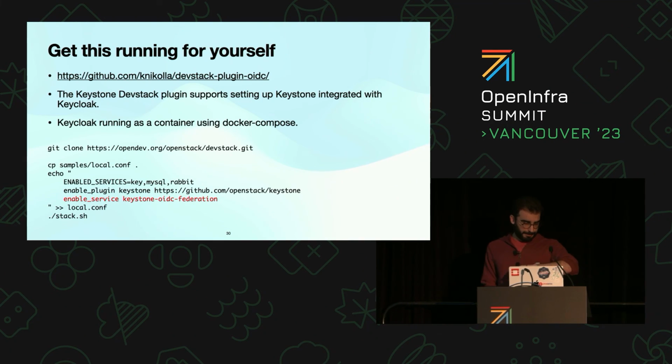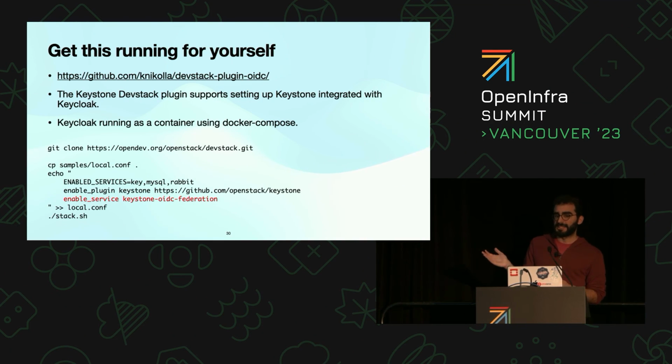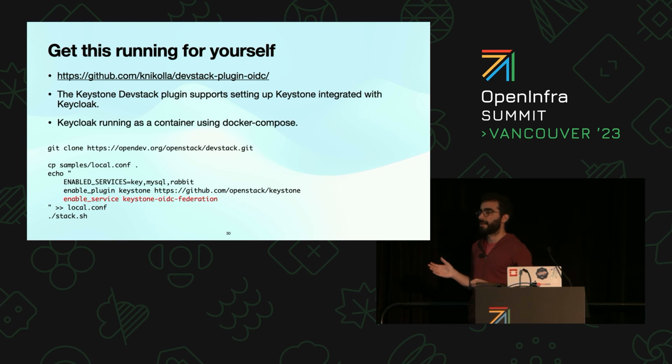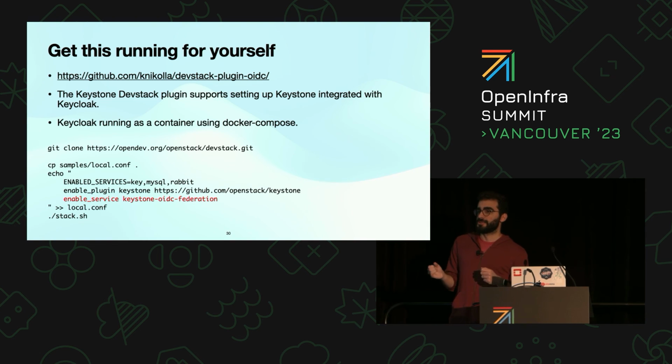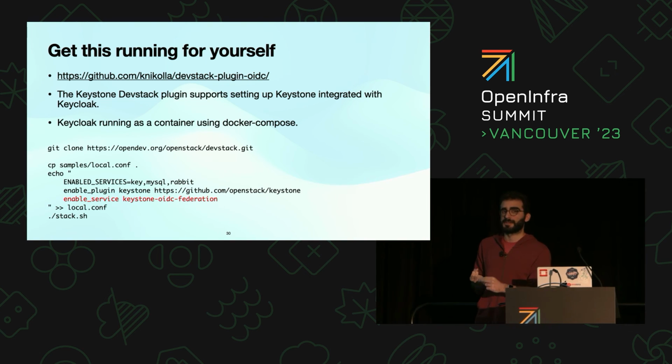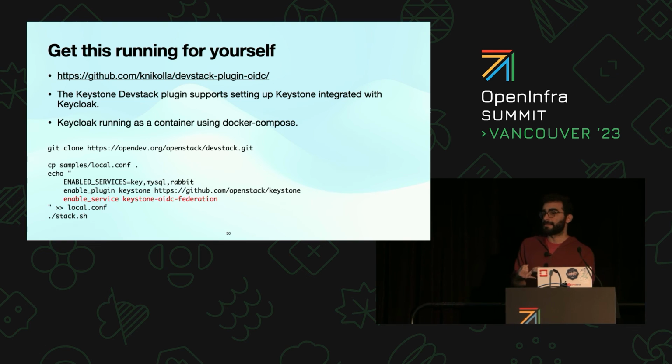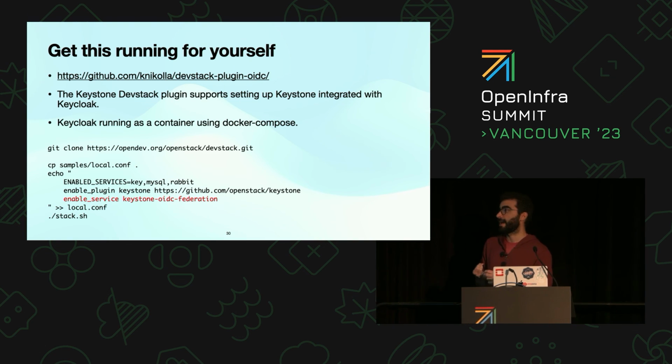You can get this all running yourself. I have written a DevStack plugin that will set up Keystone with a Keycloak running as a container, and it's going to configure Apache for you. It's going to configure the identity provider and the client in Keycloak. And at the end of the run, you're going to have a Keystone that works and is authenticating through Keycloak.